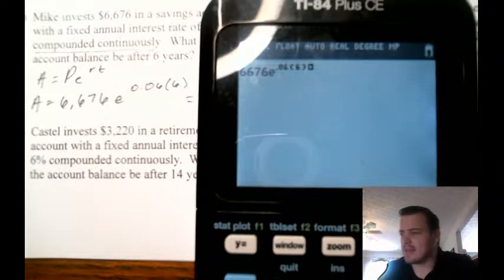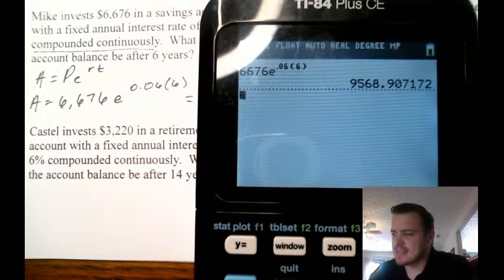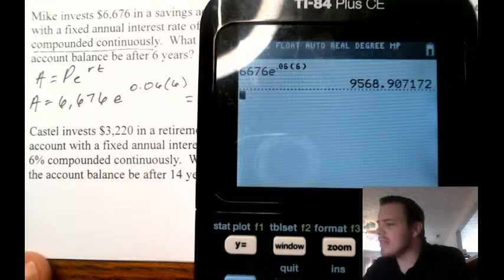I hit enter, and I get 9,568, and that 7 would round the 0 up to 1. So 9,568.91.